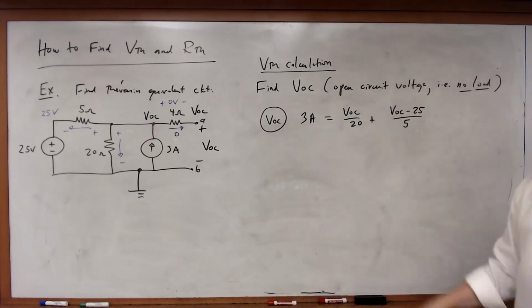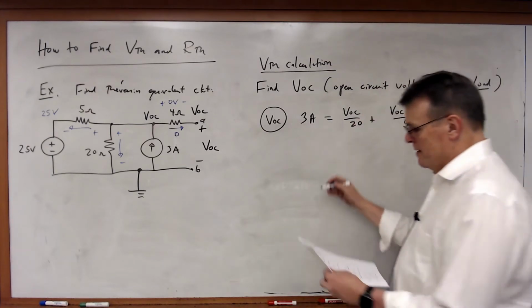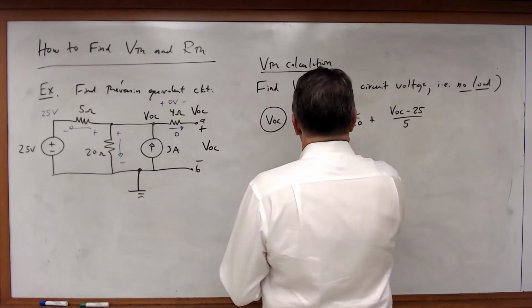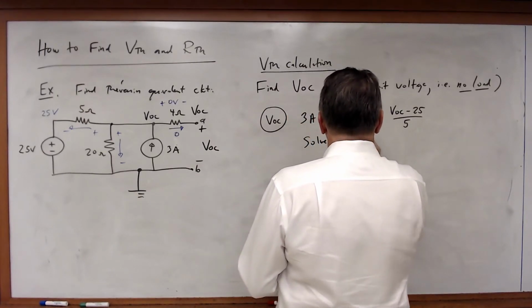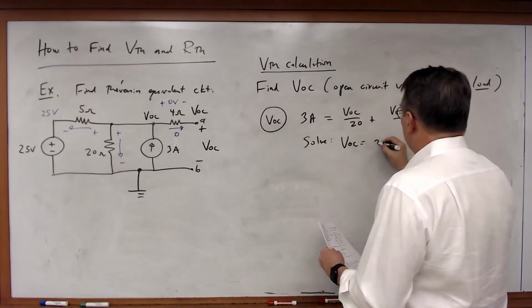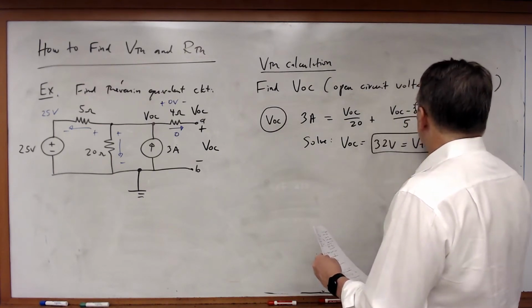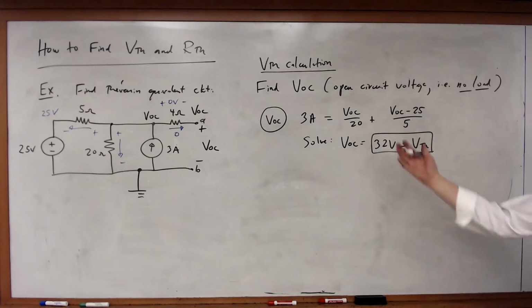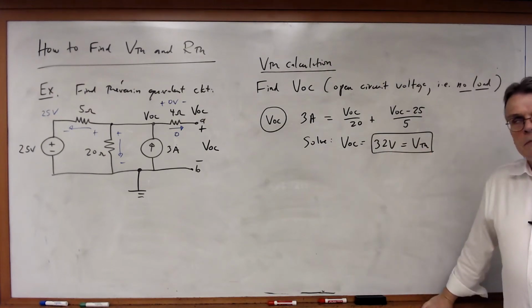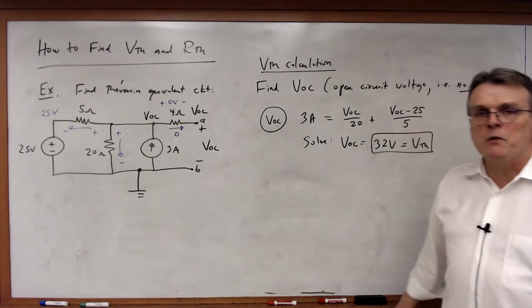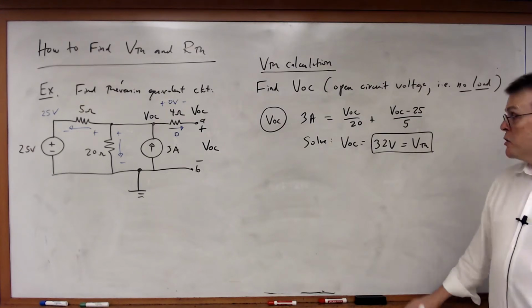One equation, one unknown. I solve it, and what I get is that VOC is equal to 32 volts, which is therefore equal to my Thevenin equivalent voltage. So it's just that simple. I could have also, of course, solved this with mesh analysis, but I just preferred nodal analysis.